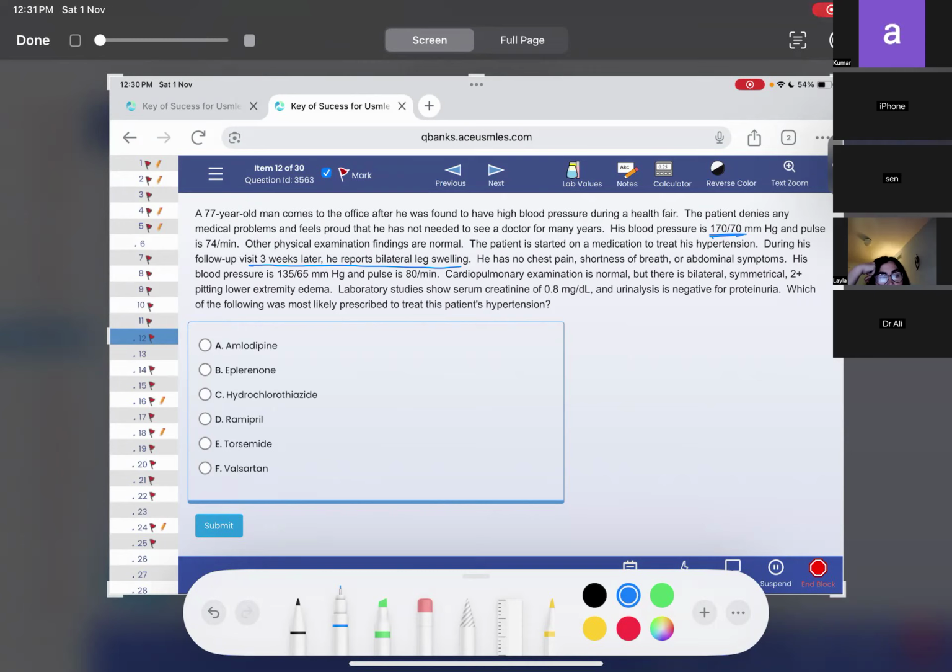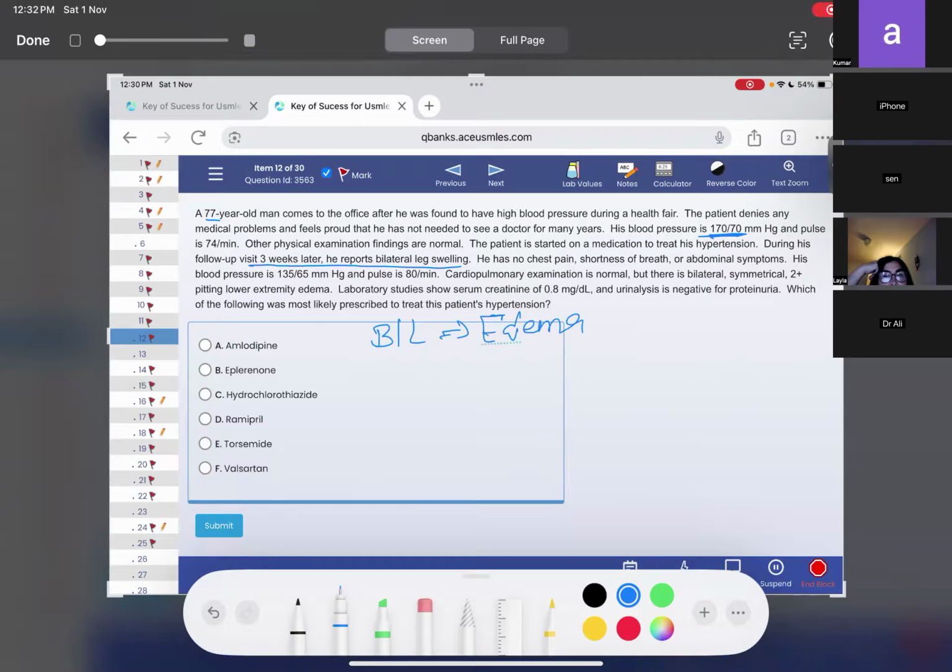So they are asking about a 77-year-old man with high blood pressure, presenting with a blood pressure of 170 by 70 and a pulse of 74. Other physical examination is normal and he is treated with some medication for his hypertension. During this follow-up visit 3 weeks later, he reports bilateral edema.